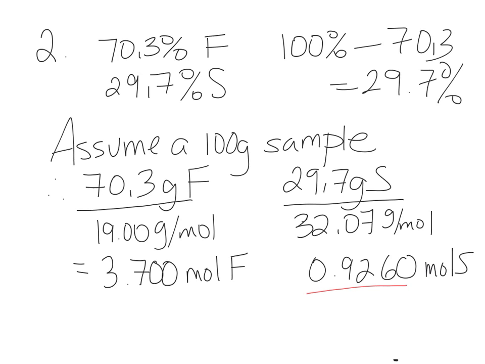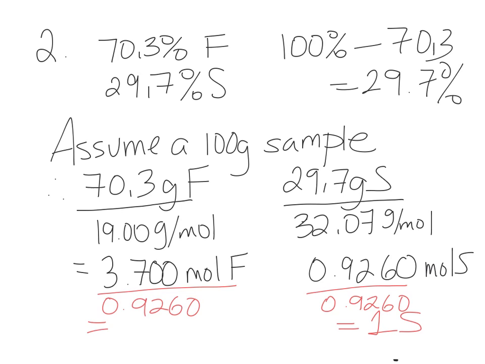Any number divided by itself is 1, so there's 1 sulfur. And this divided by the smallest number is 4. So therefore, the empirical formula, SF4.